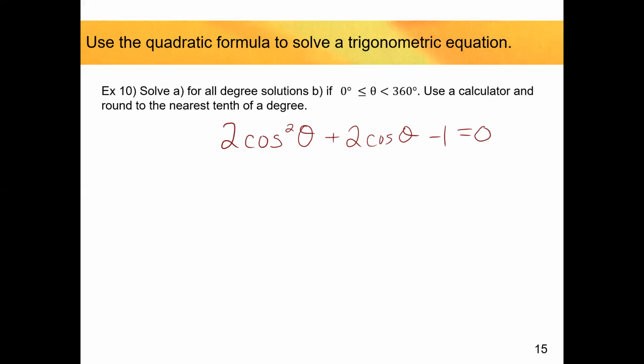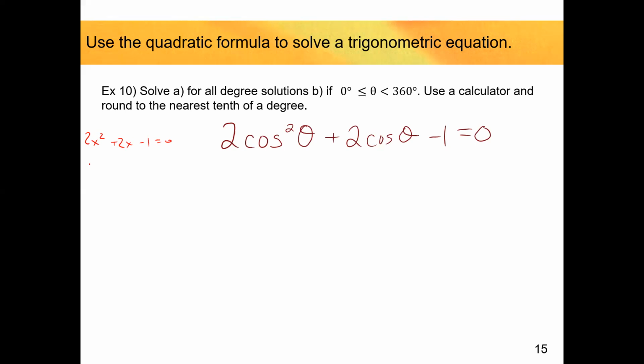Some of these, as my trig teacher used to teach me, you can convert into algebra and just see if it factors. If you convert this back into 2x squared plus 2x minus 1 equals 0, I'm just using x as my variable. Would that be something that you would like to factor down, yes or no? That's not easily factorable.